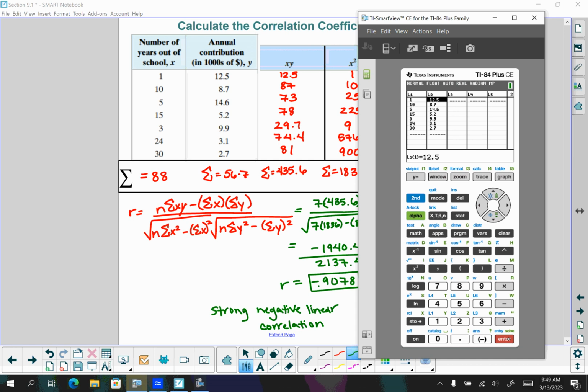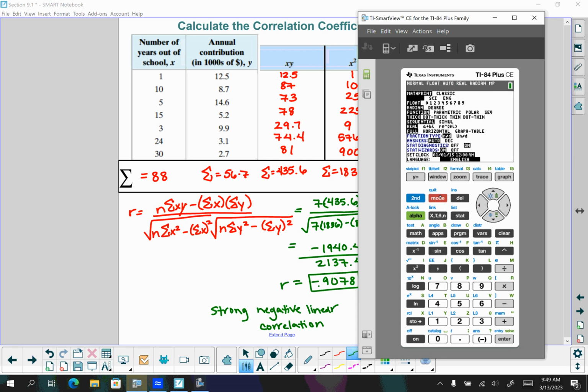To make sure they're turned on, go into mode, go down to the bottom where it says stat diagnostics, and it should say stat diagnostics is on. If it doesn't say on, go down to the word on and select it to turn it on. So data in L1 and L2, under mode, stat diagnostics needs to be on.